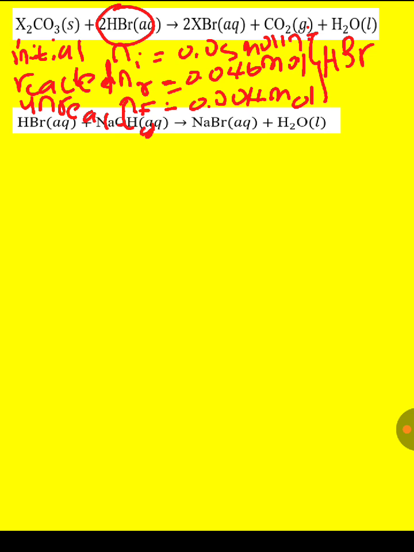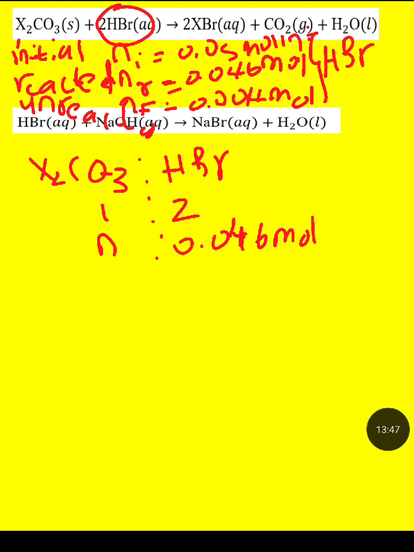So now I'm going to say this metal carbonate is to HBr. We find the ratio between these two, right?